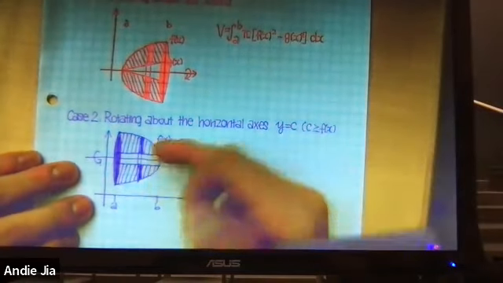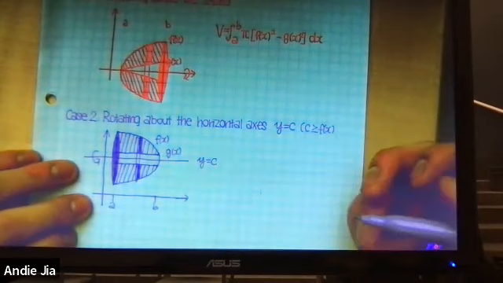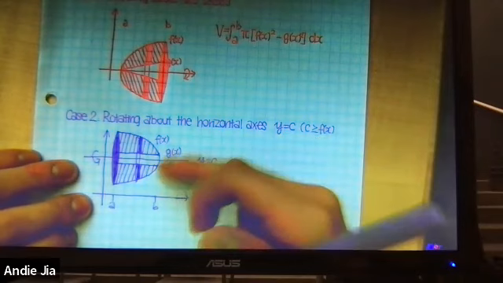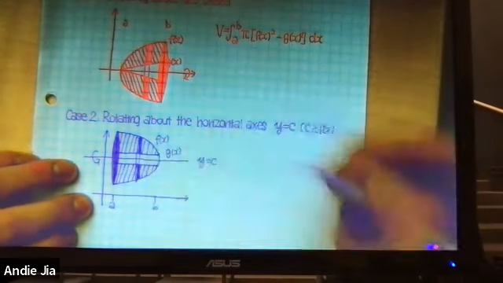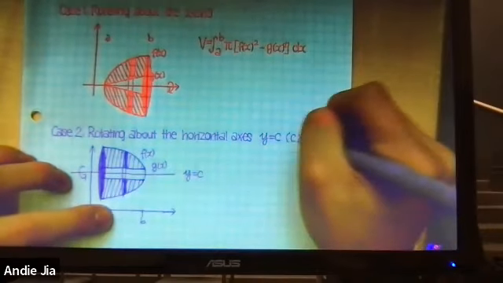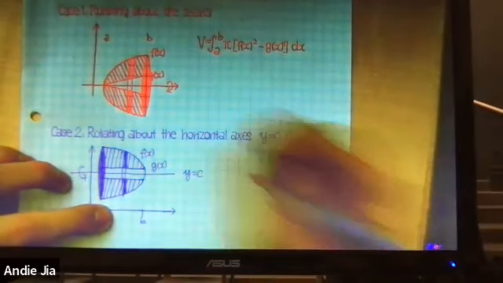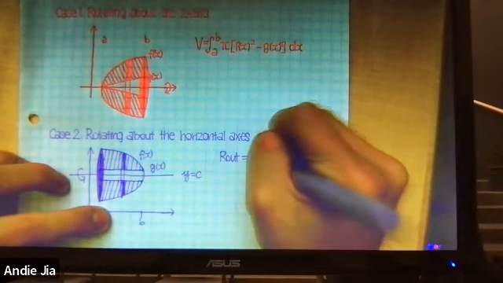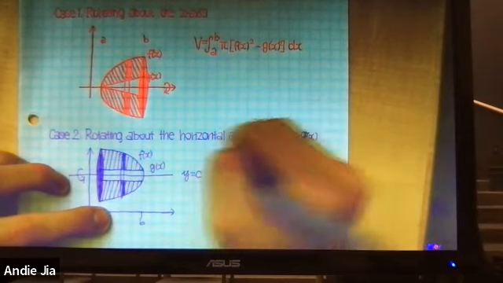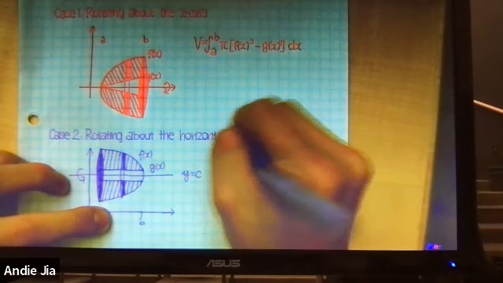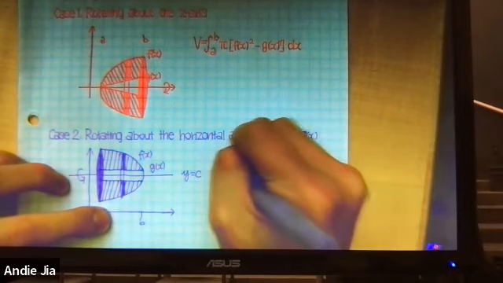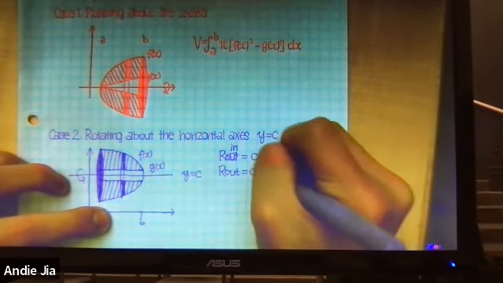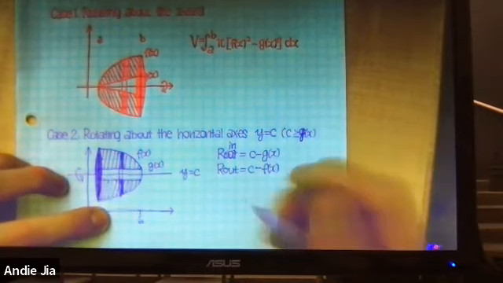This time we have an outer radius. It is c minus f of x, and the inner radius is c minus g of x. So r out is c minus f of x, and r in is c minus g of x.